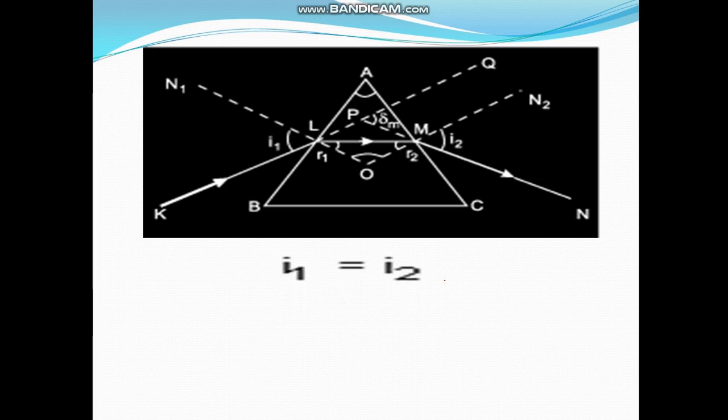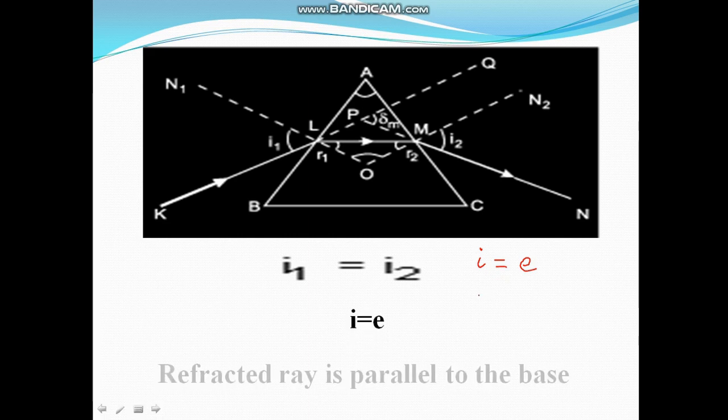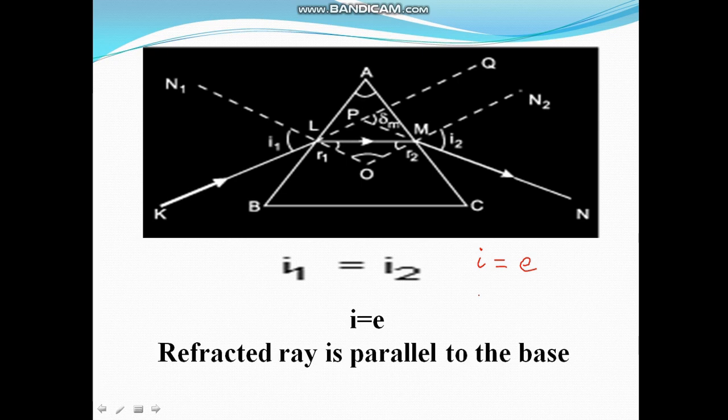Here, when the angle of deviation is minimum, you will have to remember that I1 is equal to I2, or in other words, angle of incidence is equal to angle of emergence, and refracted ray is parallel to the base. Can you see?